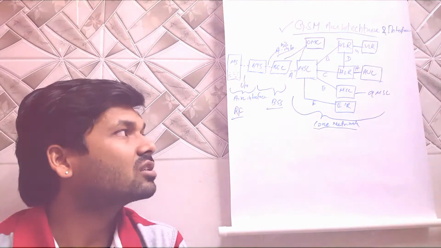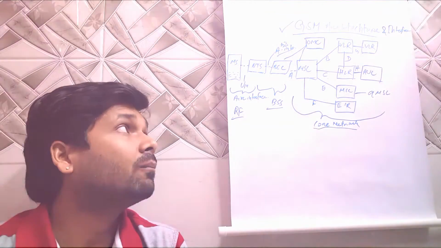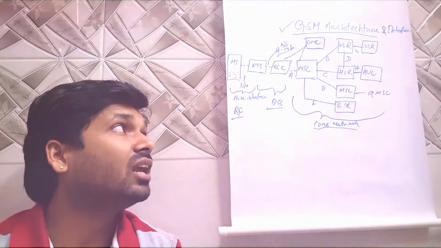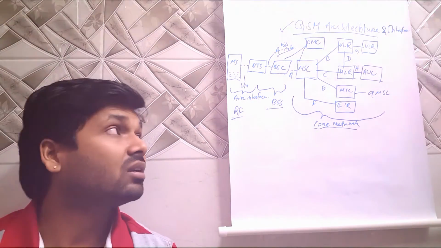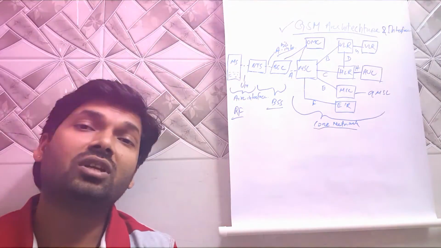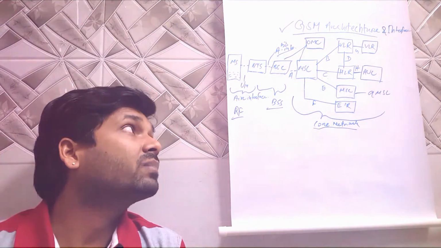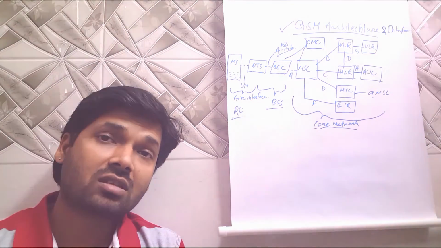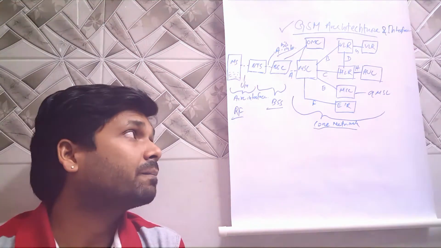With this, we have concluded the GSM architecture and interfaces, plus all the network element names and their functions a little bit. In the next session, we'll cover these network elements and their functions individually, and we'll also cover the GPRS architecture, which is quite different from this architecture.